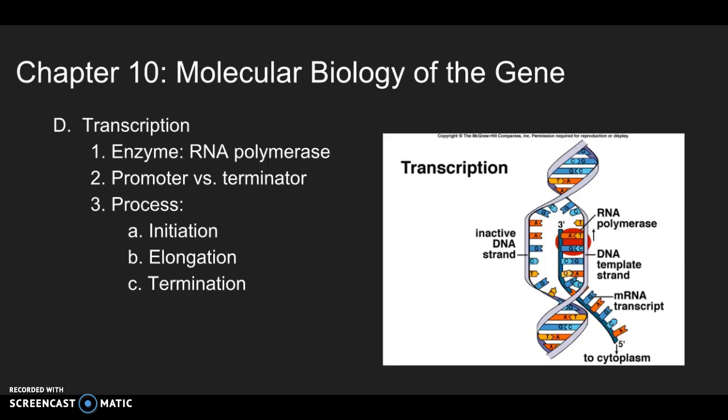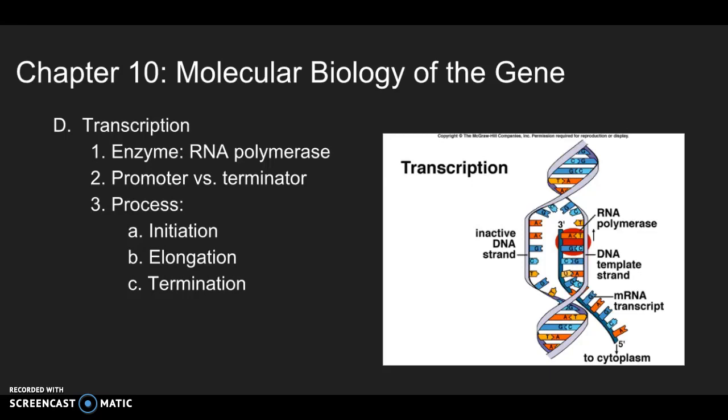And lastly, in termination, in prokaryotes, there are 2 ways in which transcription can be terminated, and they're dependent on a Rho factor. In Rho-dependent termination, the protein factor Rho is going to be responsible for disrupting the complex that involves the template strand, which is the RNA polymerase and the RNA molecule.